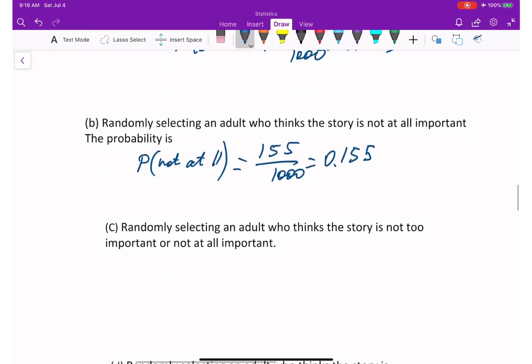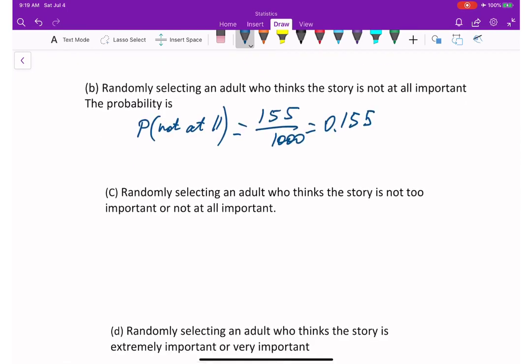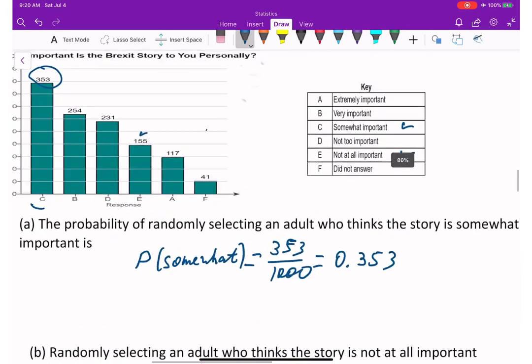Next one, randomly selecting an adult who thinks the story is not too important or not at all important. So we have two probabilities connected, and more importantly we have "or", which means we are going to end up adding. So probability of not too important. Where is not too important?